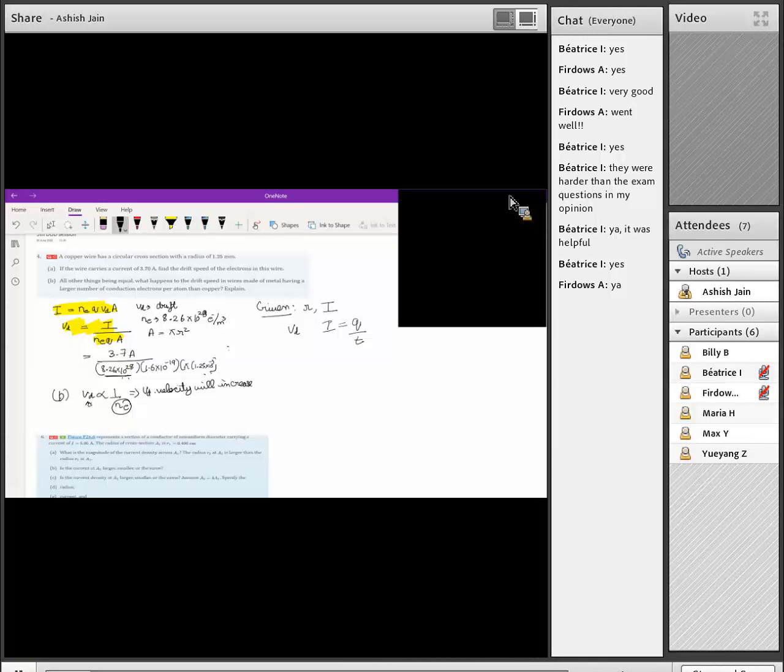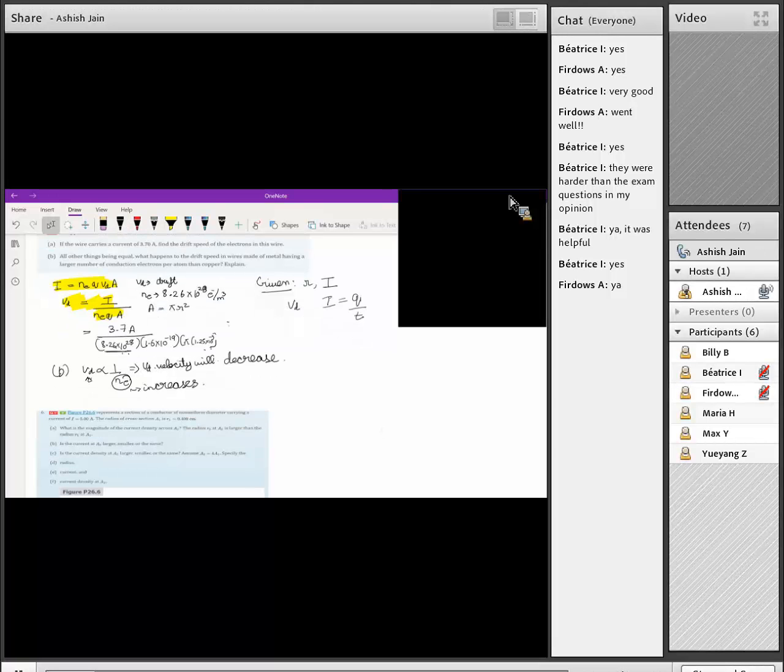So if the conduction electrons are larger, then Vd will decrease. So if Ne increases, drift velocity will decrease.